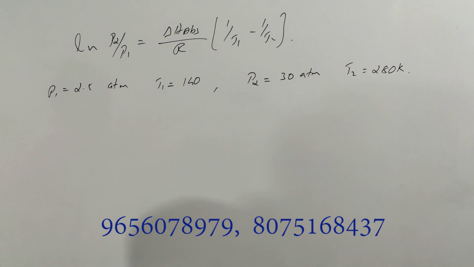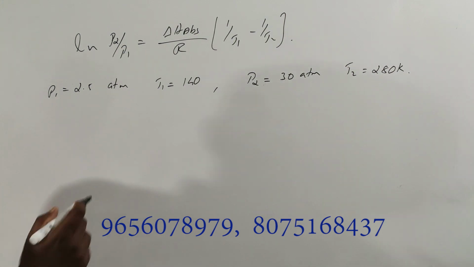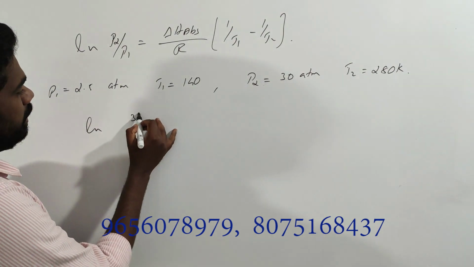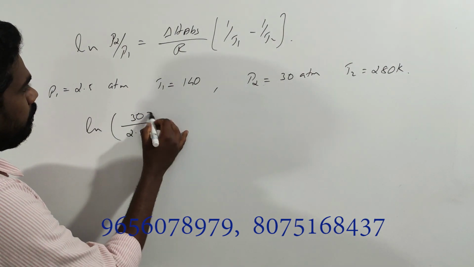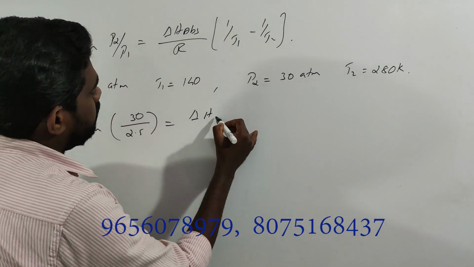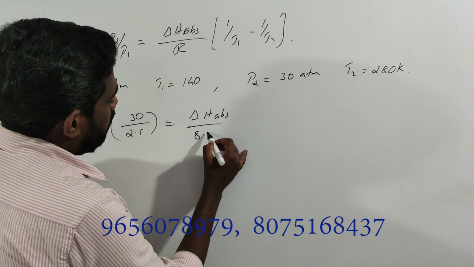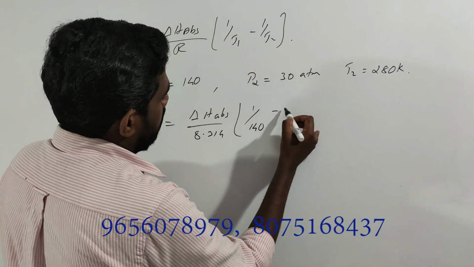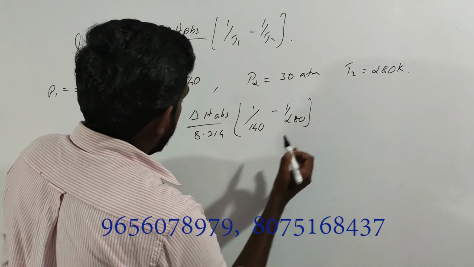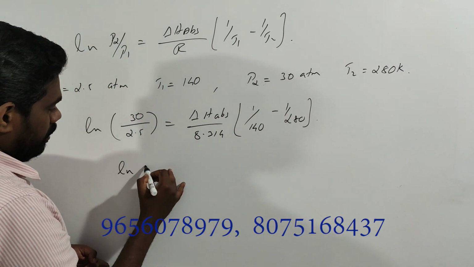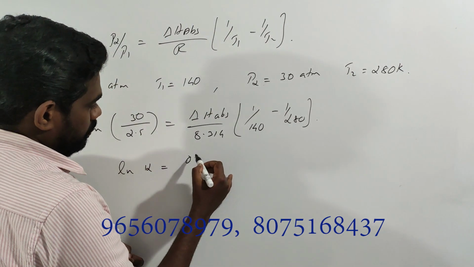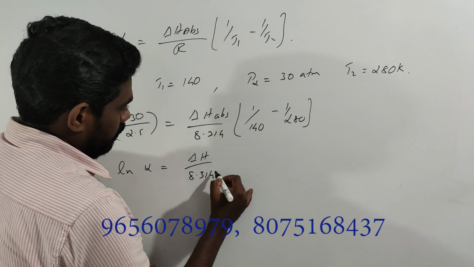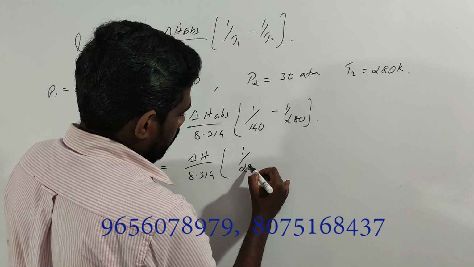R is the universal gas constant, so the equation will be ln P2 by P1, 30 divided by 2.5, equal to delta H divided by 8.314 into 1 by 140 minus 1 by 280. So ln 12 equal to delta H divided by 8.314 into 1 by 280.